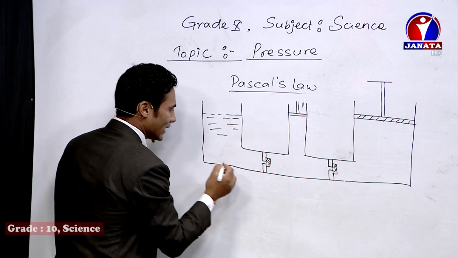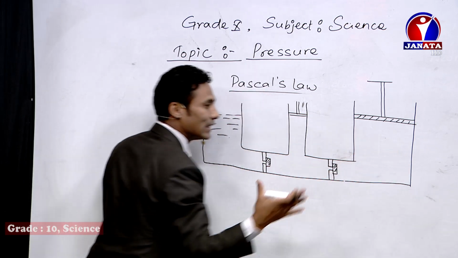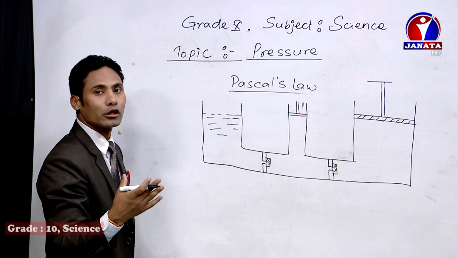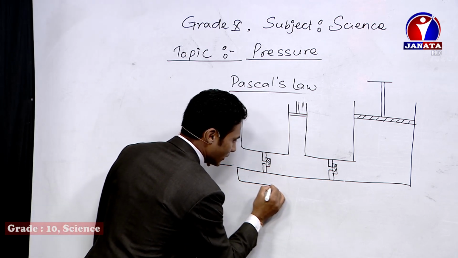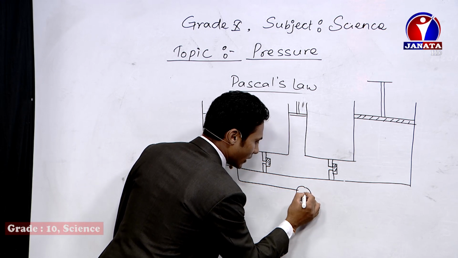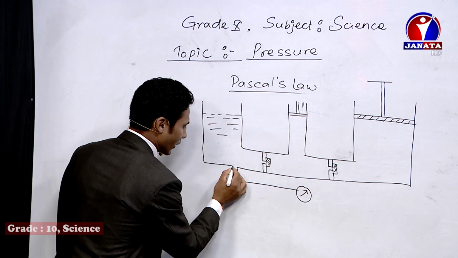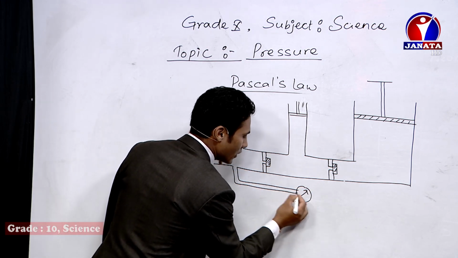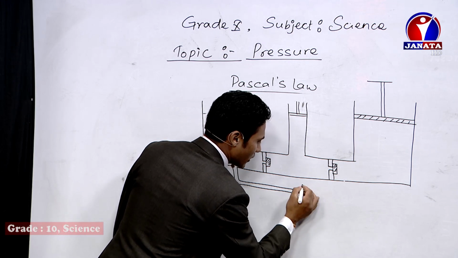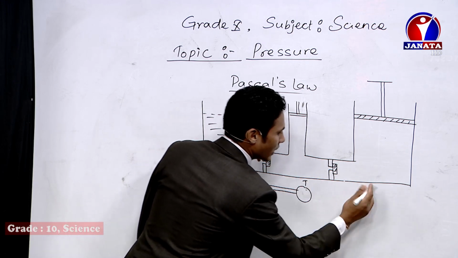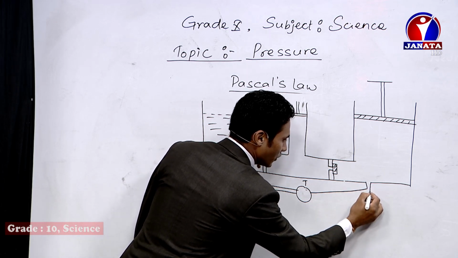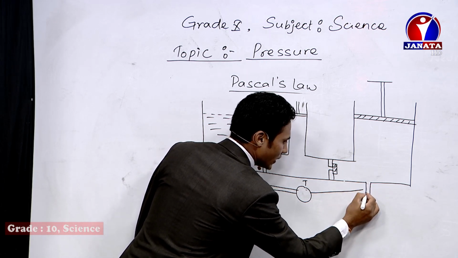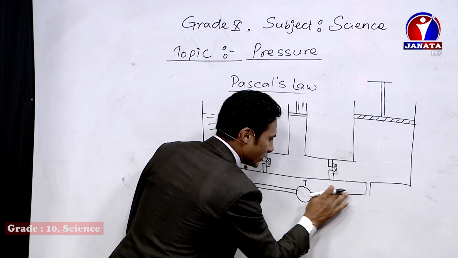The reservoir and the large cylinder are connected with a small tube, connected with the stopper. Let's say it is the stopper T.